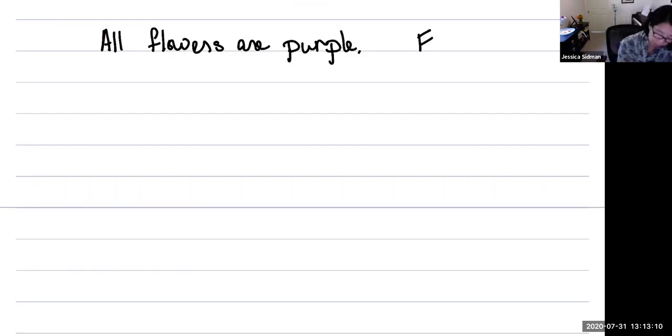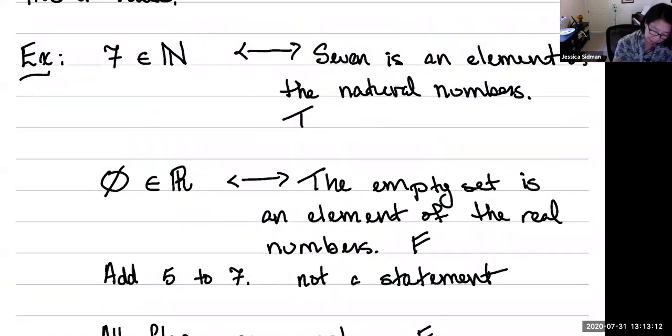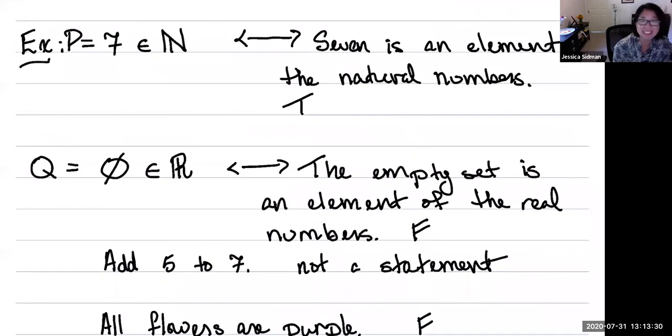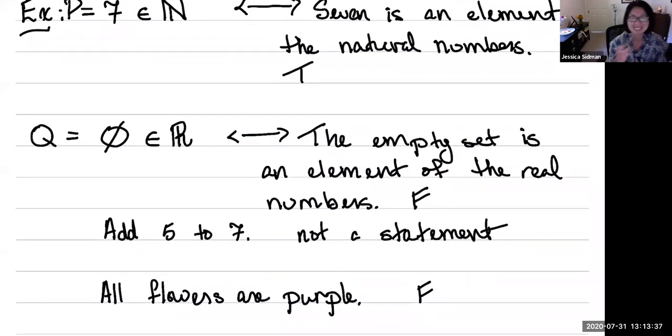So suppose, going back to this example, I'm going to let this sentence be P. So P is the statement, 7 is a natural number, and Q is the statement, the empty set is an element of the real numbers. Okay, so that's P and Q.